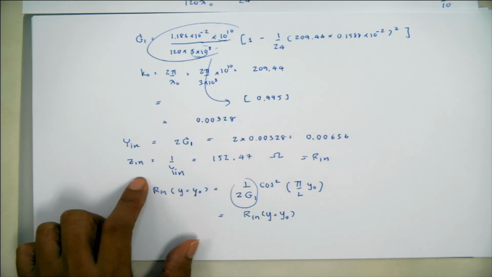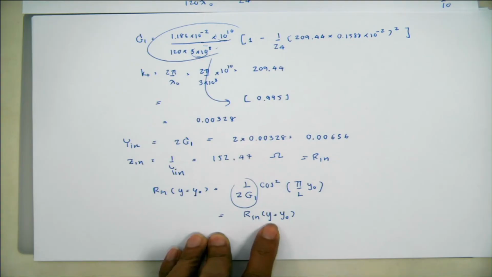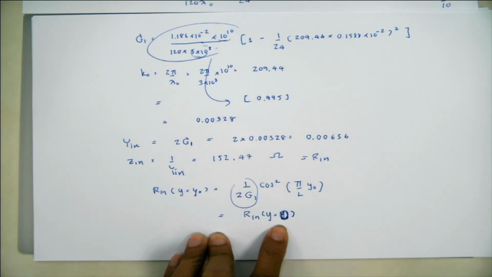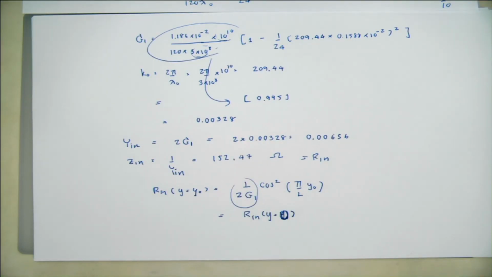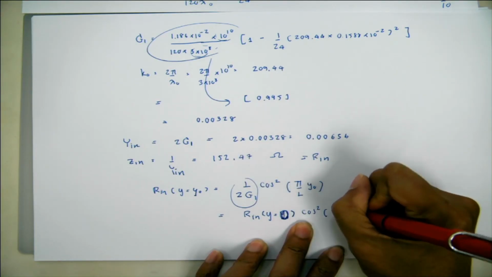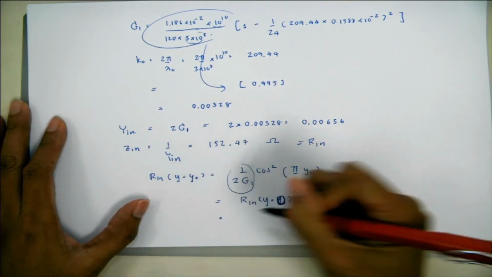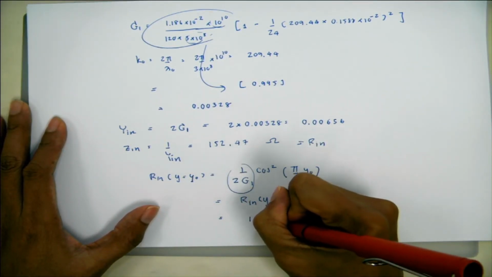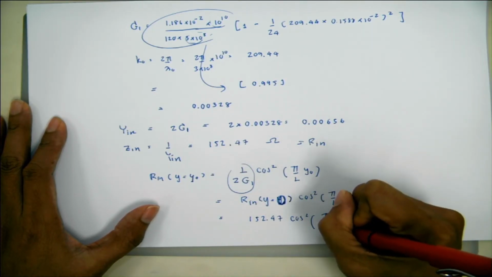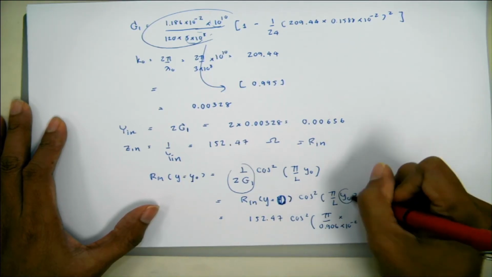And then we did not consider the feed line yet, which means that we think of that recess position at 0. So Rin of y equals 0 multiplied by cosine square of pi over L y naught. So now we just place this number, 152.47 cosine square pi over 0.906 times 10 to the minus 2, and this y naught is what we need to find.